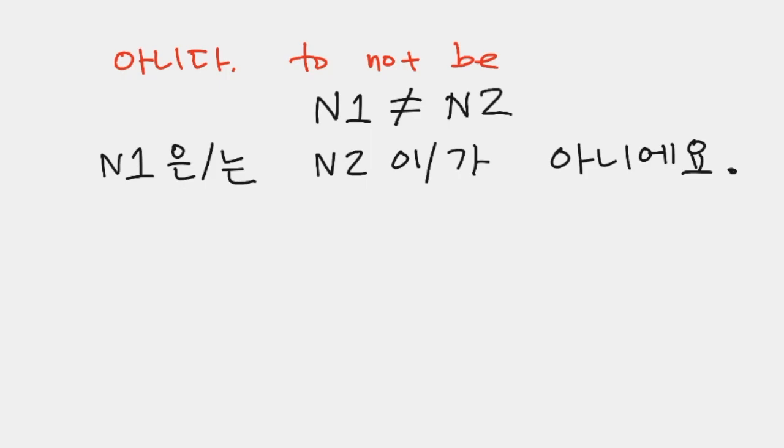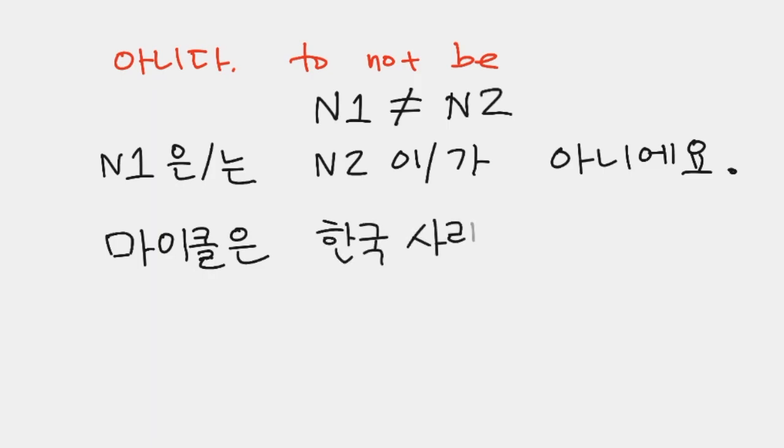So first example, Michael is not Korean. Let's do Michael, and because it ends with a final consonant, 마이클은 한국 사람. And then I'll use 이 here. Subject particle 이 is used when a noun ends in a final consonant. And then we say 아니에요.